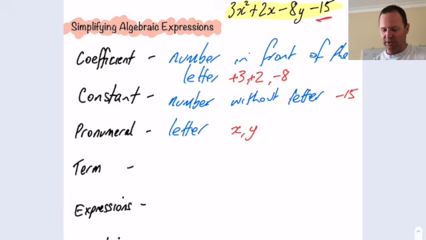The term is just a combination of the pronumeral and the coefficient, really. So it's just a combination of the numbers and the letters.